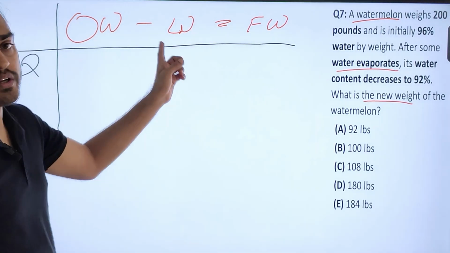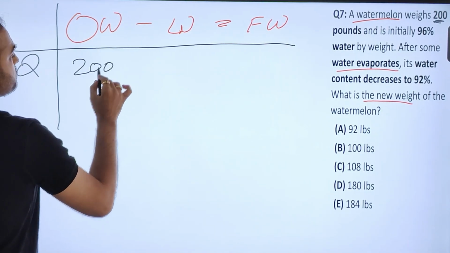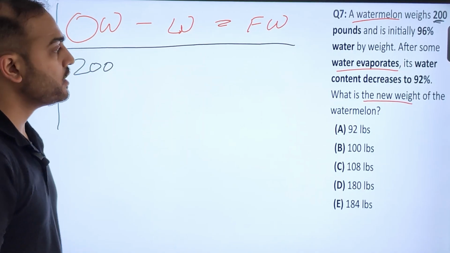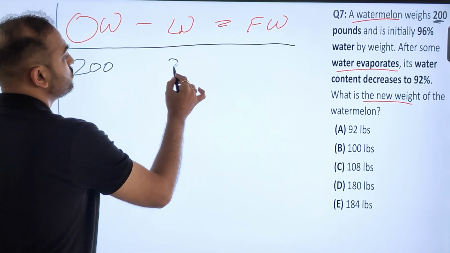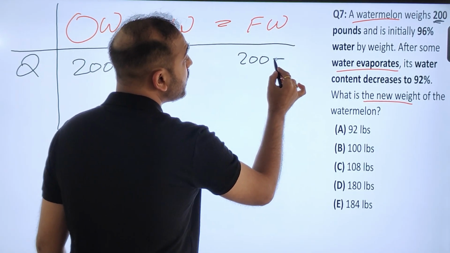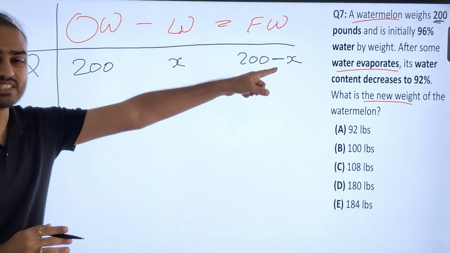Quantity: what is the quantity of original watermelon? That's 200 pounds. How much water evaporated? I don't know, so x. So final watermelon will become 200 minus x. Till now, because we were adding things, there was a plus sign.